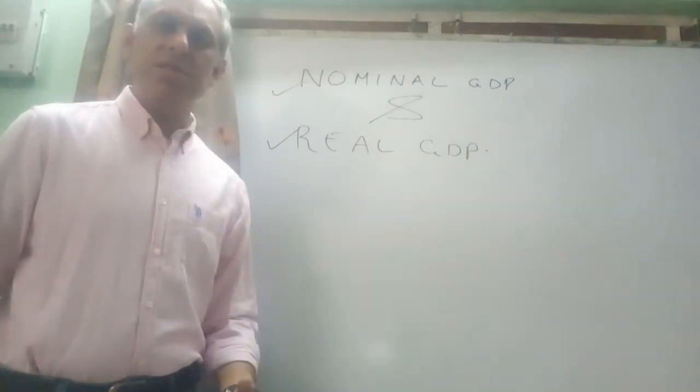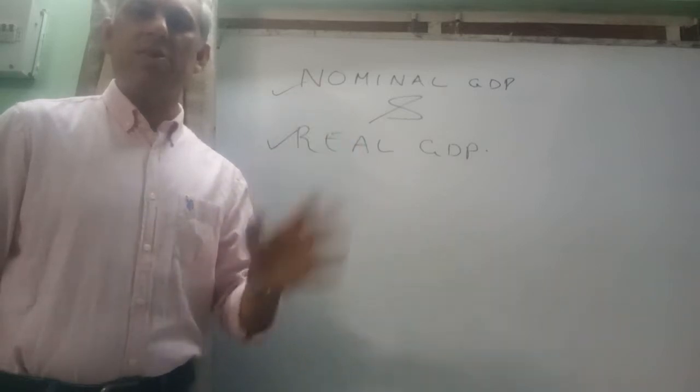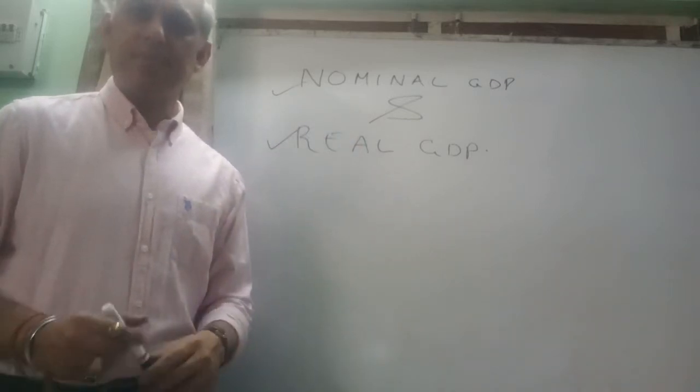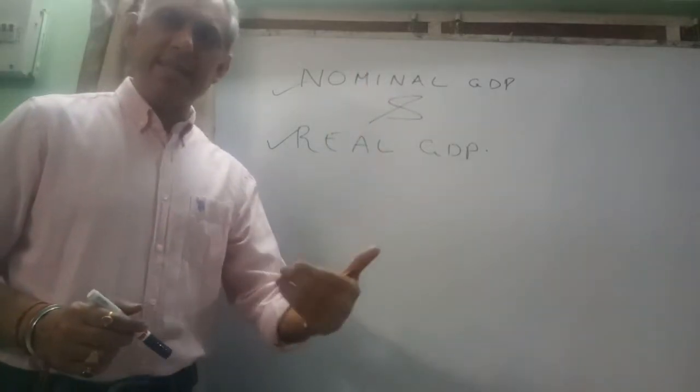GDP, since we have studied, is the market value of all the final goods and services produced in an economy in an accounting year. Clear? Now, just to understand these two terms, I am going to take an example.